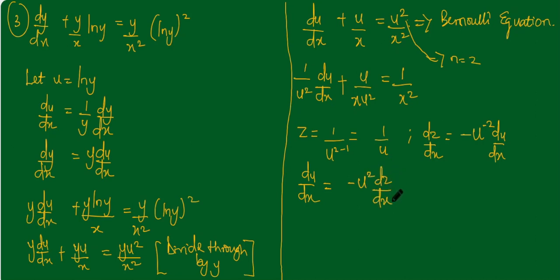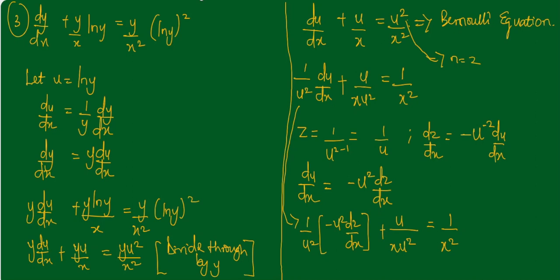We can now substitute this. So this becomes 1 over u squared multiplied by minus u squared dz/dx plus u over xu squared is equal to 1 over x squared.